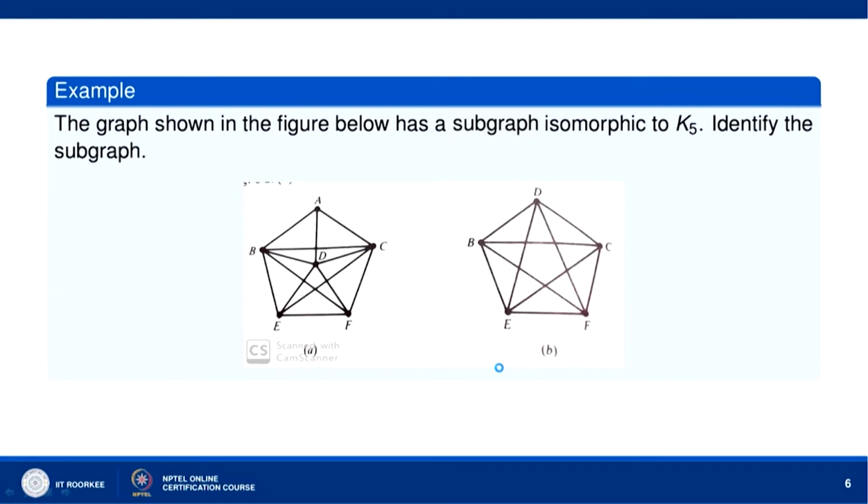Okay. Now, let us look at this graph. The graph shown in the figure below has a subgraph isomorphic to K5. Okay.